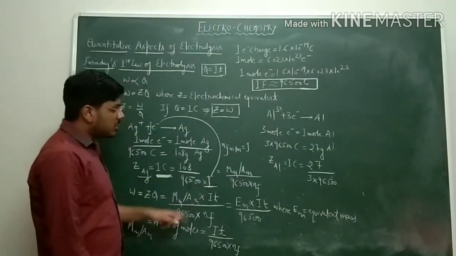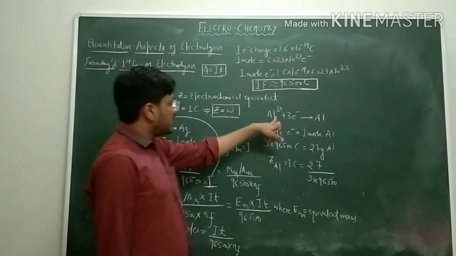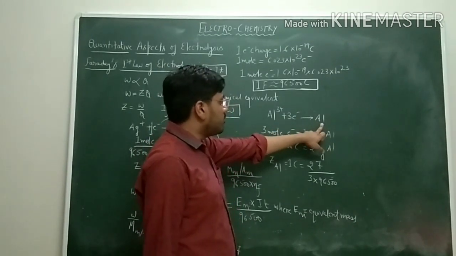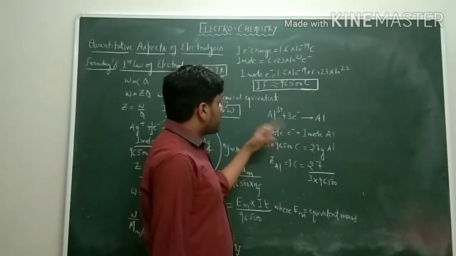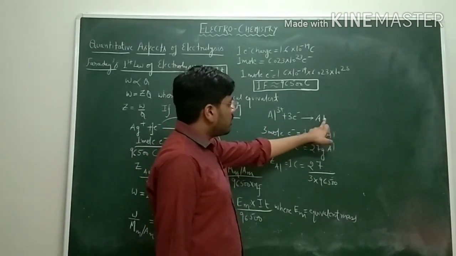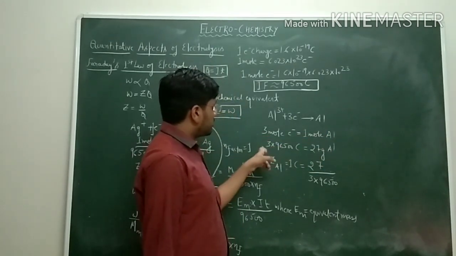We will make it clearer by taking another example: aluminium 3+, on gaining 3 electrons, forms aluminium. Here on passing 3 moles of electrons we get 1 mole of aluminium.